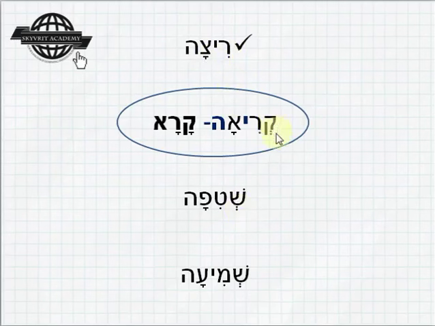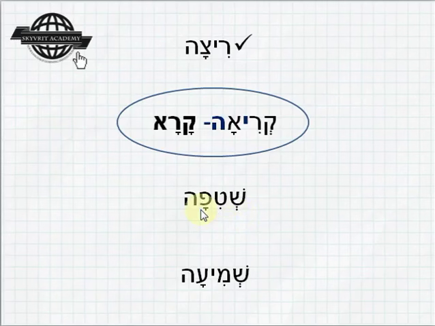Ratz, kara, sha, taf, shataf. Can you see what I did here? I simply changed the nikud according to the binyan. Sha, taf.